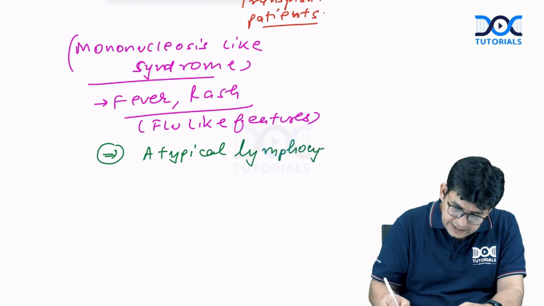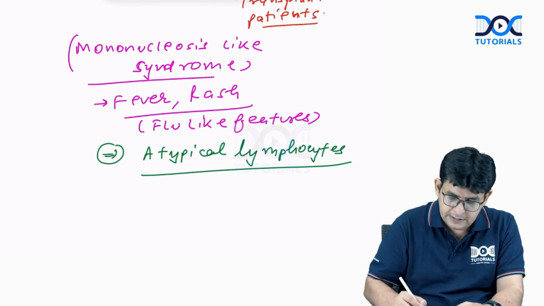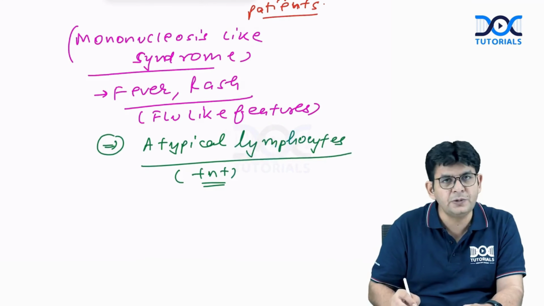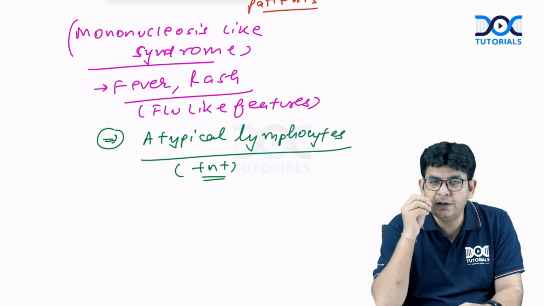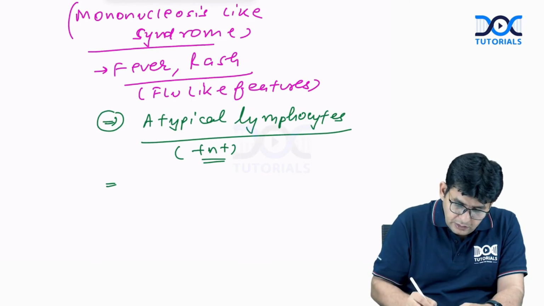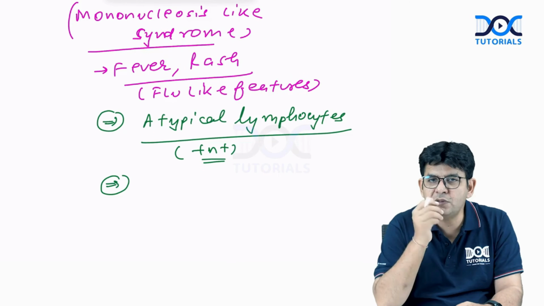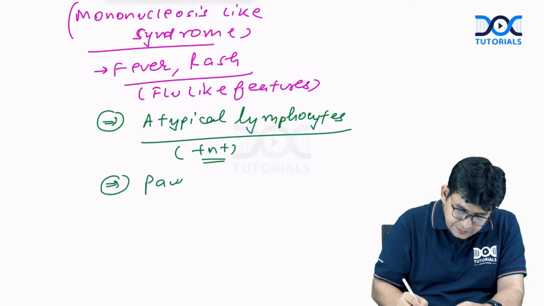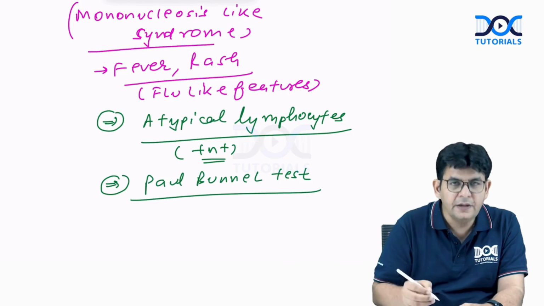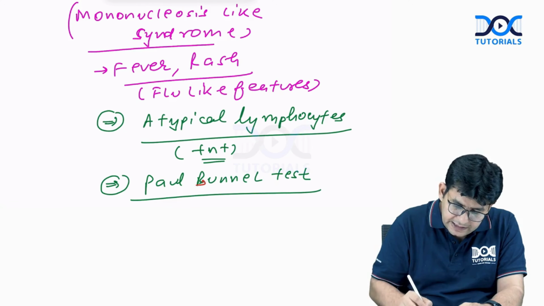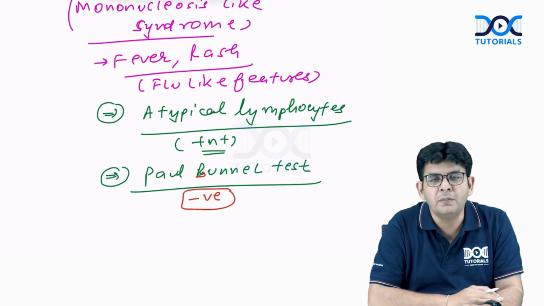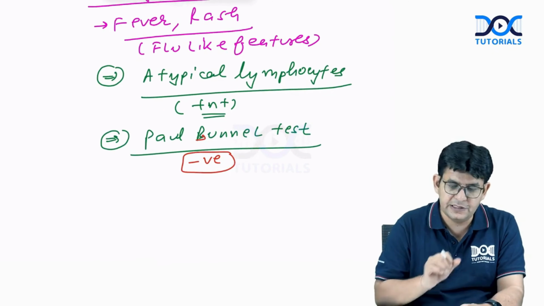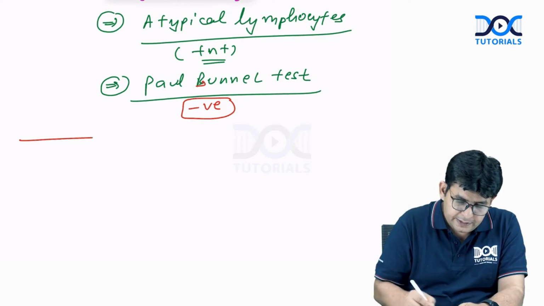So atypical lymphocytes, which are actually the CD8 T cells, they are present in this also, and they are larger than the normal ones, so that's why they're termed as atypical lymphocytes. All things are same like infectious mononucleosis. Only thing is the test, which is a heterophile agglutination test termed as Paul Bunnell test. The Paul Bunnell test is found to be negative in the case of mononucleosis like syndrome. This is what is important here.